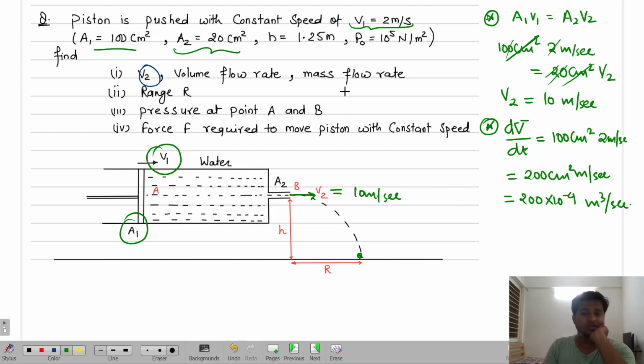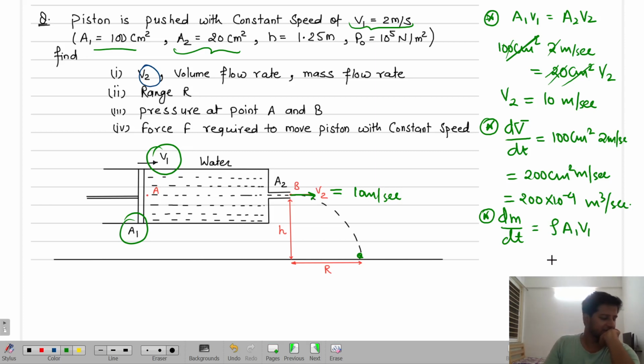You can find even the mass flow rate. What is my mass flow rate? You know that dm by dt is equal to rho A V, either A1 V1 or A2 V2, whichever you want to write.